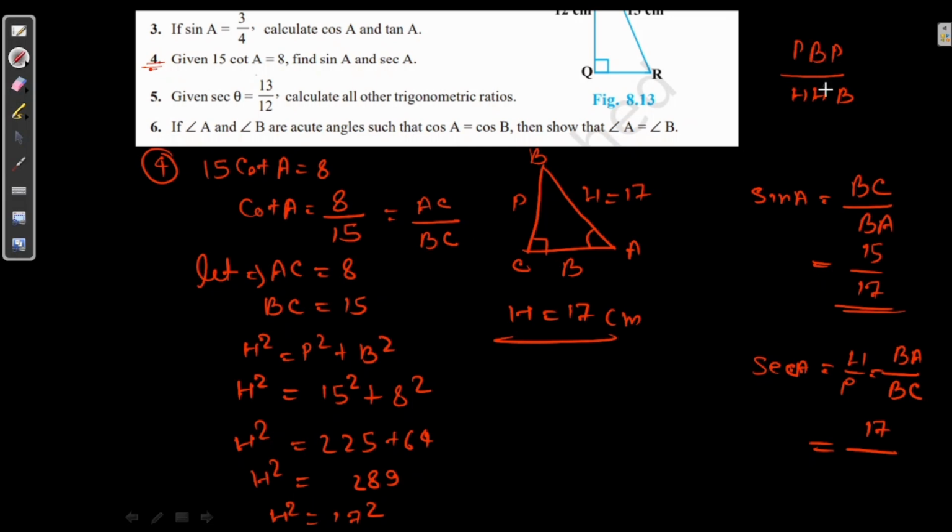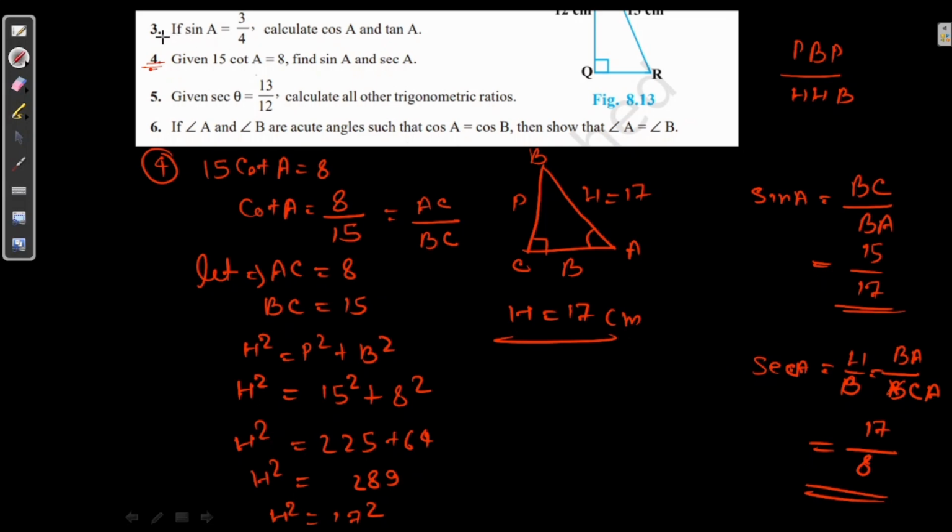Sec A will be H by B. H is BA, which we have found is 17, and base is CA or AC, which is 8. So that is my answer.